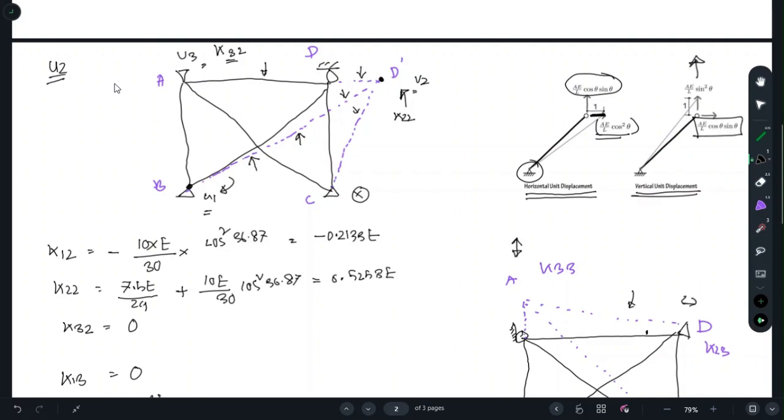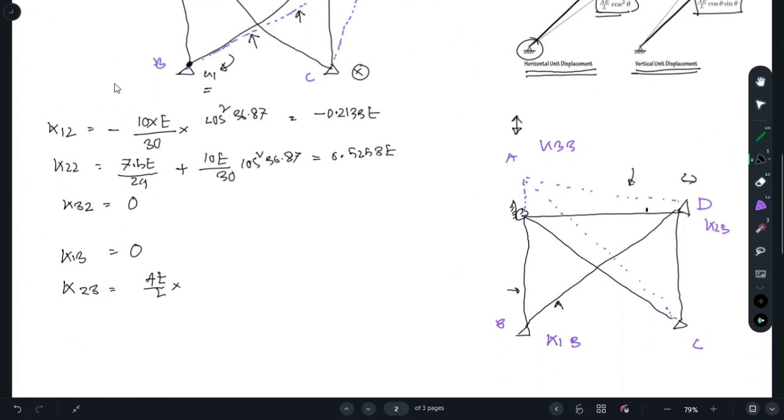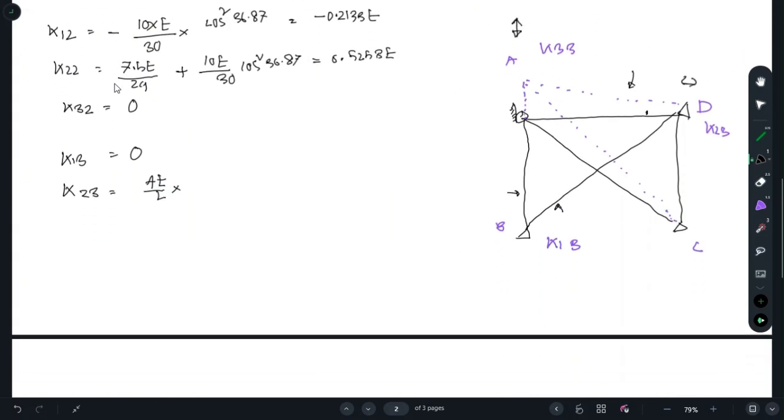So for that, you have an equation that is A over L cosine theta sine theta, and it is for only AD. So you can see that you will have an angle of 0 degrees. So your sine 0 degree will be 0. So this frame won't have any stiffness value. So for K33, you have three responsible frames.